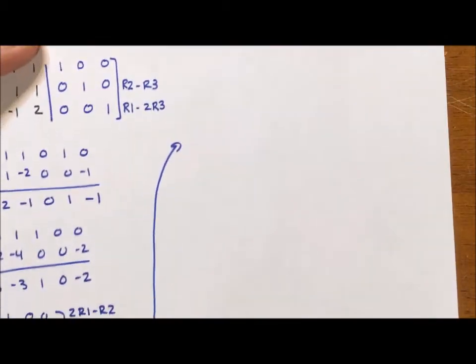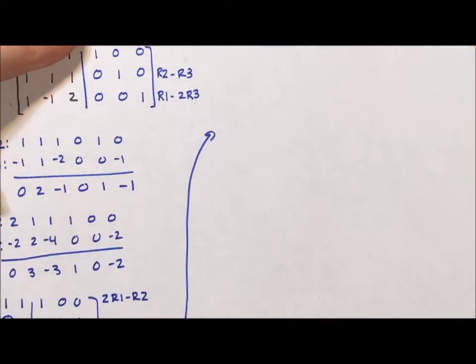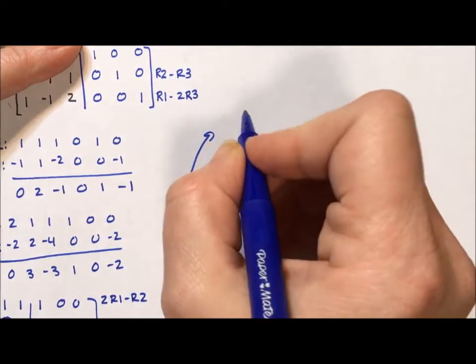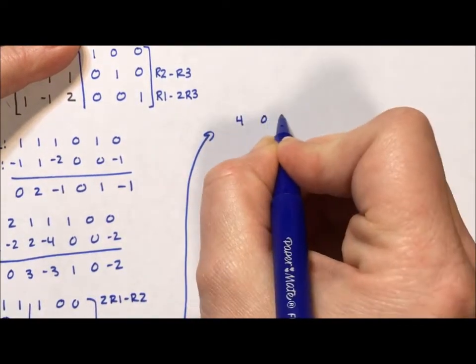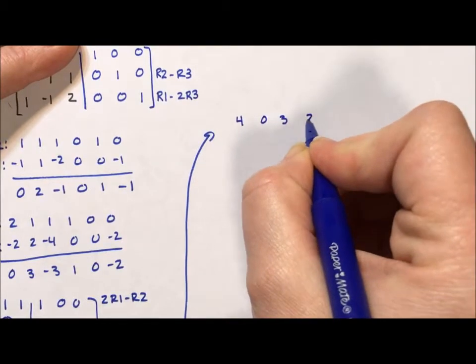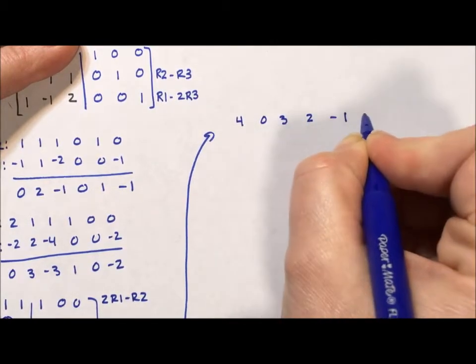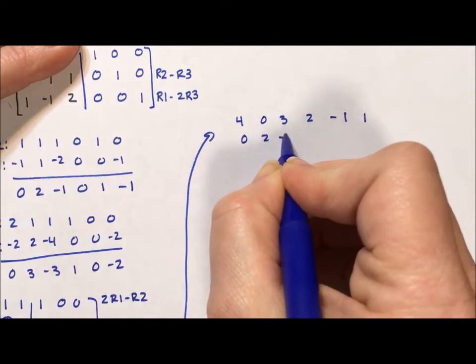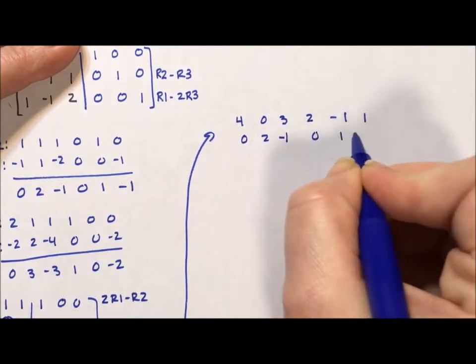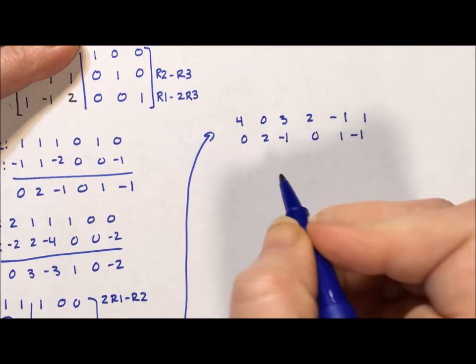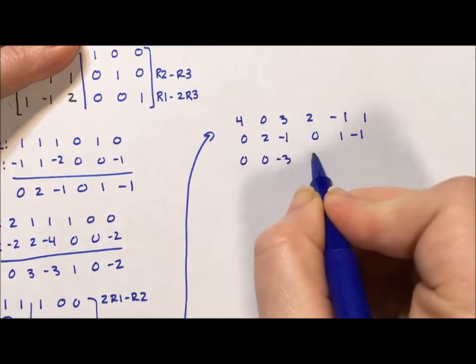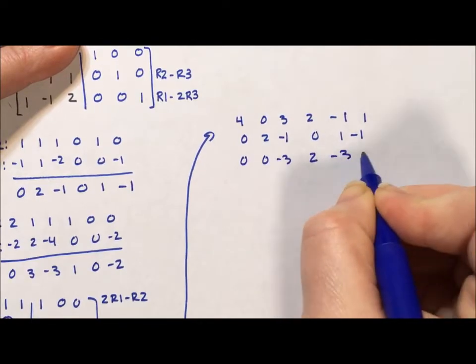So my first row became 4, 0, 3, 2, negative 1, 1. My second row stayed 0, 2, negative 1, 0, 1, negative 1. And my third row became 0, 0, negative 3, 2, negative 3, negative 1.